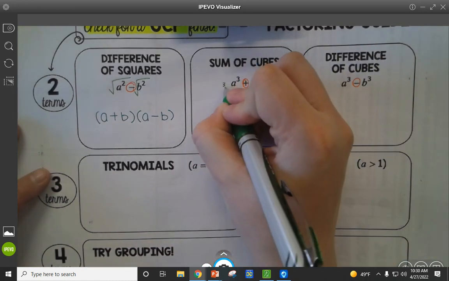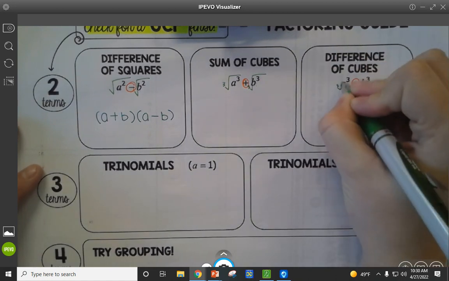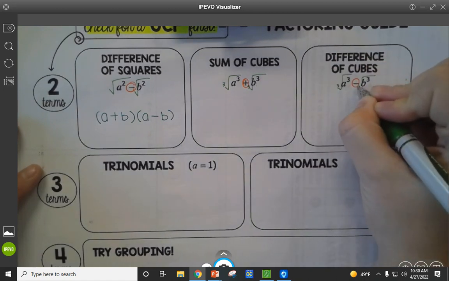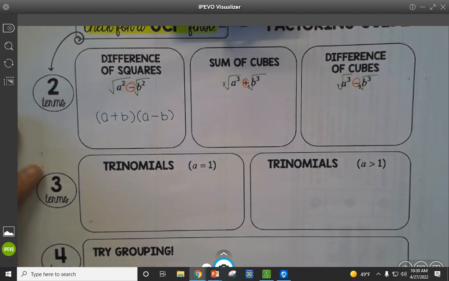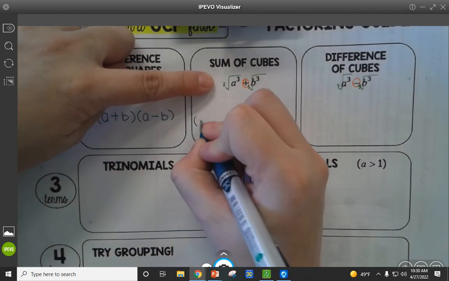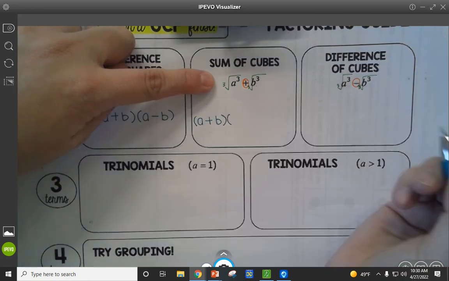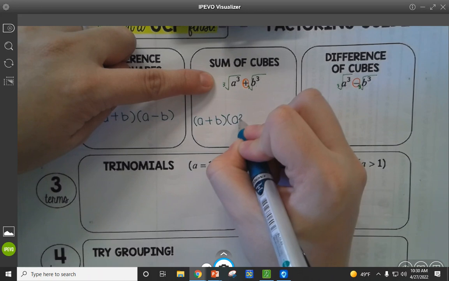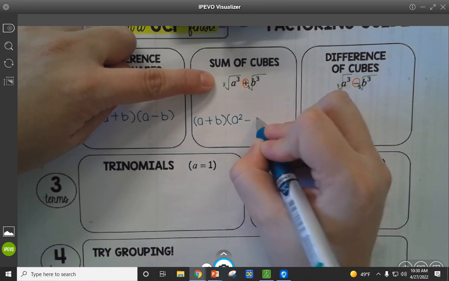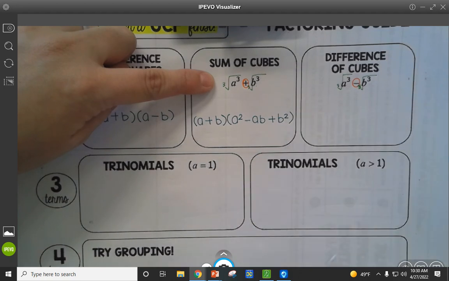Cube root. So you take the cube root. And these were the ones that had the longer formulas. So a sum of cubes starts with A plus B, and then it's A squared minus AB plus B squared.